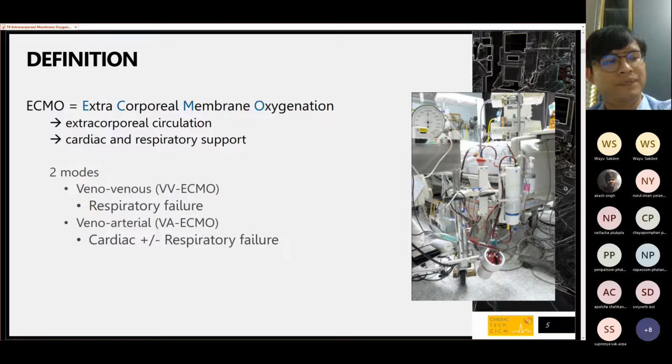Some textbooks classify more than two modes, but actually it starts from here. Basically, VV ECMO and VA ECMO. This is the real picture that I took about 15 years ago from my experience.